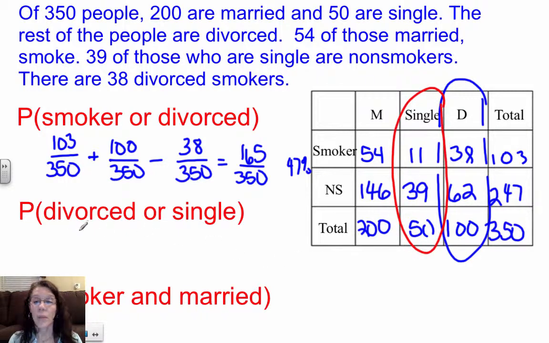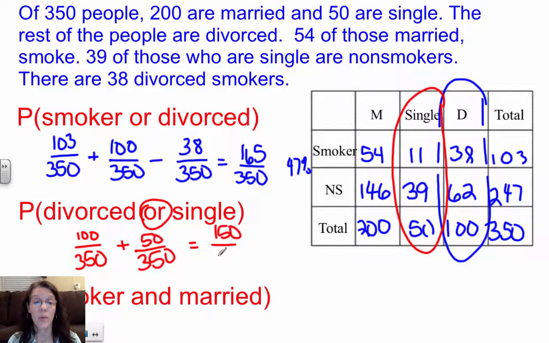So the probability that they're divorced is 100 out of 350. This or, remember, says add, so we're going to add to it the probability that they're single, 50 out of 350. Is there any overlap? No, because you can't be both single and divorced, so there's nothing to subtract. These are mutually exclusive events. So we have a 150 out of 350 chance of choosing somebody that is divorced or single.